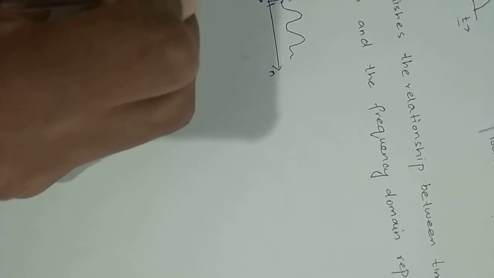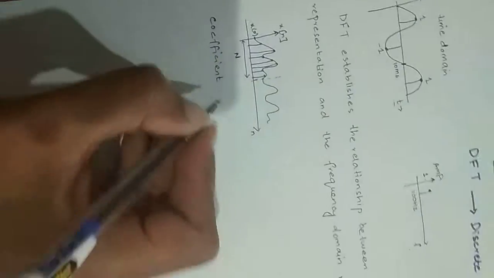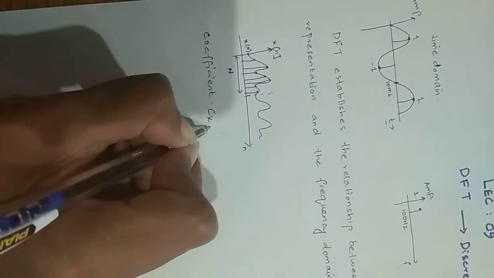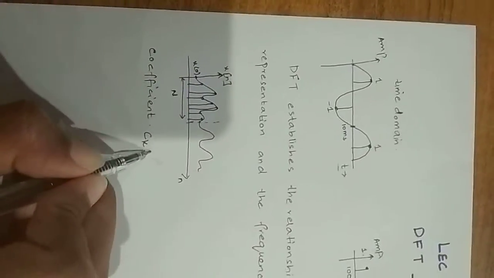Okay, now basically what I am doing here is finding the value of the coefficient C k. It is a Fourier transform coefficient and we are deriving the formula that we will be using further in our lectures.